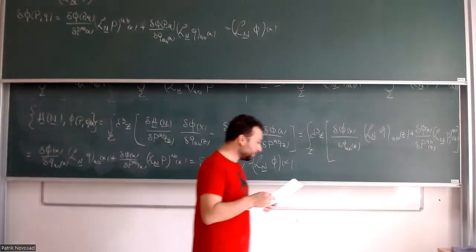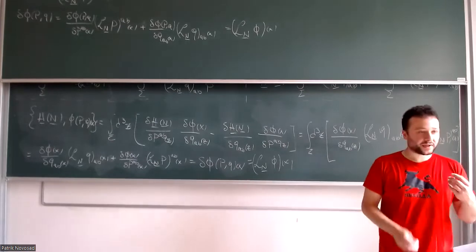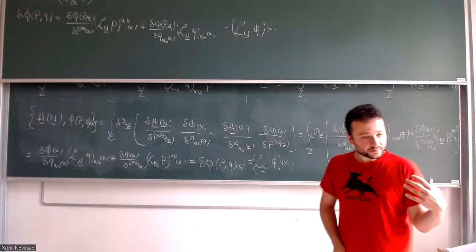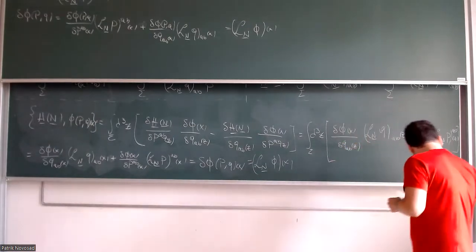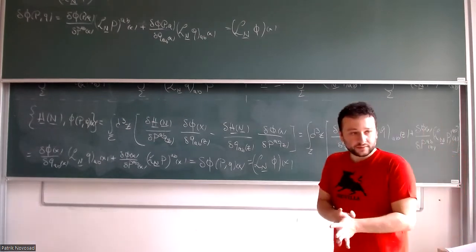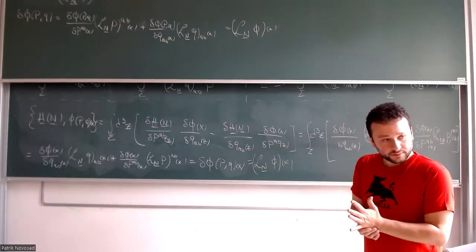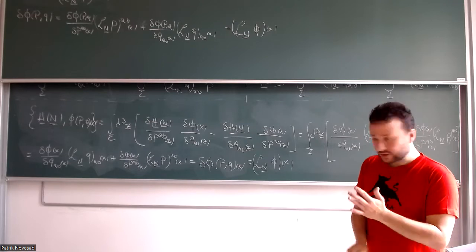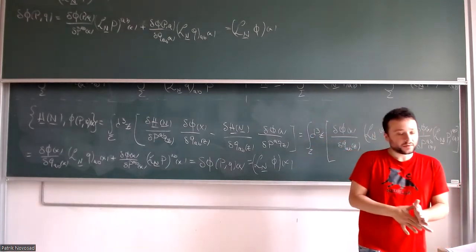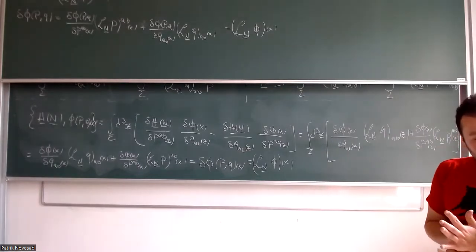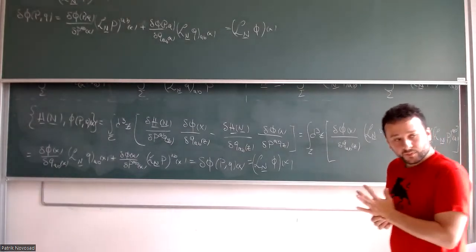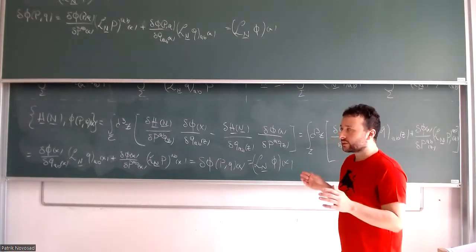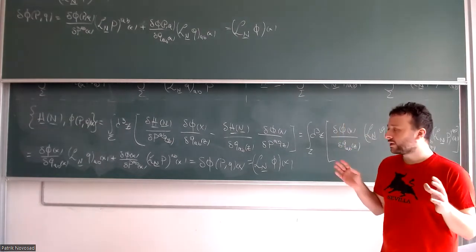Yeah, but you want to say that this doesn't have to be the shift vector itself. No, I'm saying the n is arbitrary anyway. But you said the Poisson bracket gives a variation of phi, and the variation of phi is completely general. But this is not completely general. This is a particular delta phi, which is a diffeomorphism. I never said that the Poisson bracket gives a general variation.